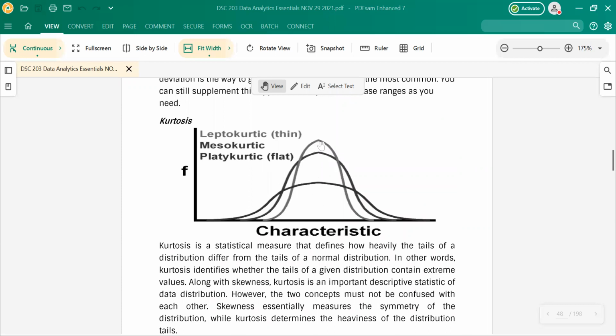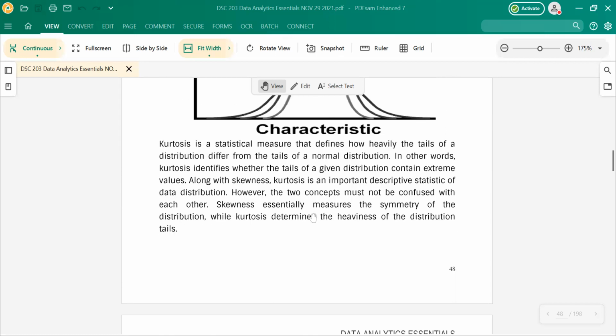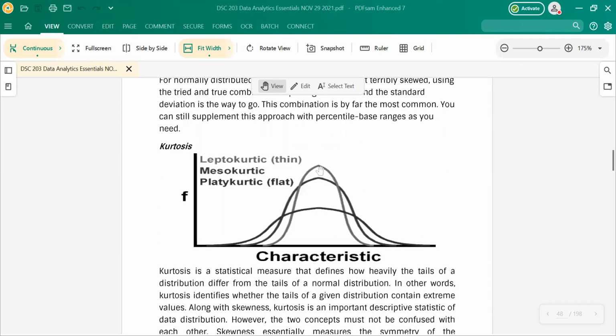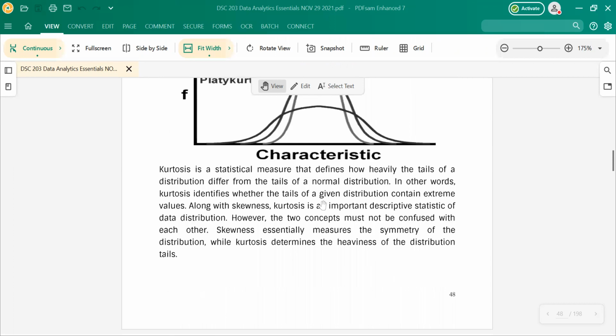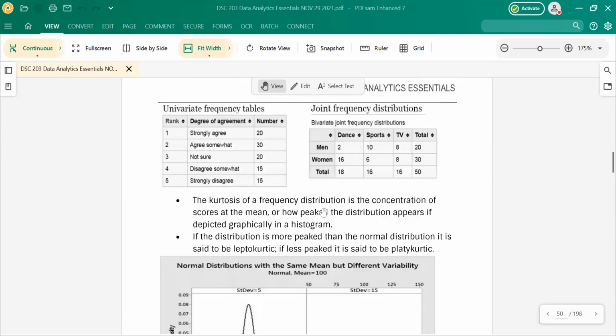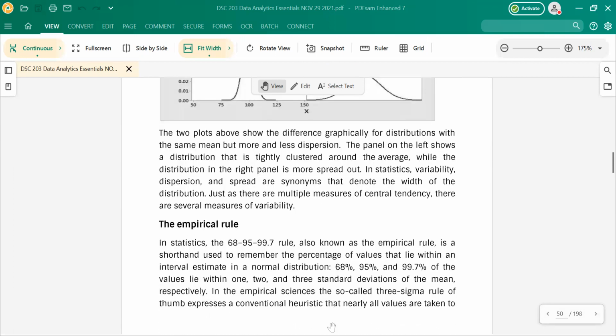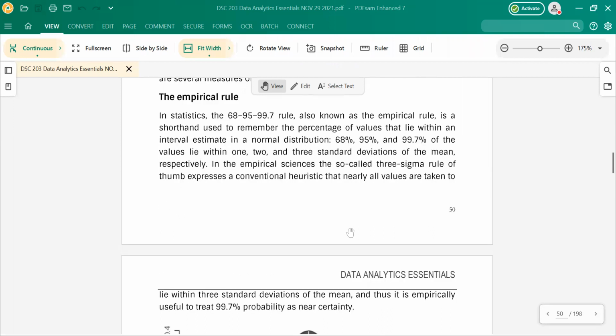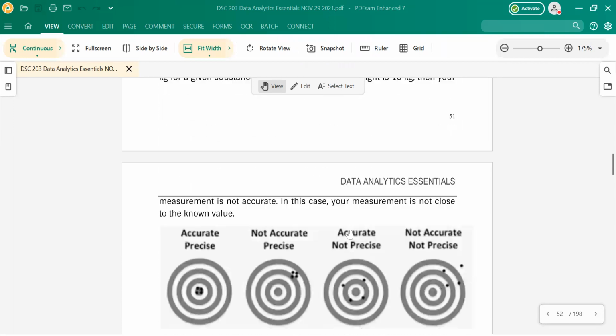Yes or no? So accuracy is very high, but it is not precise. This one is accurate and precise both. So your precision comes from standard deviation and accuracy comes from average.